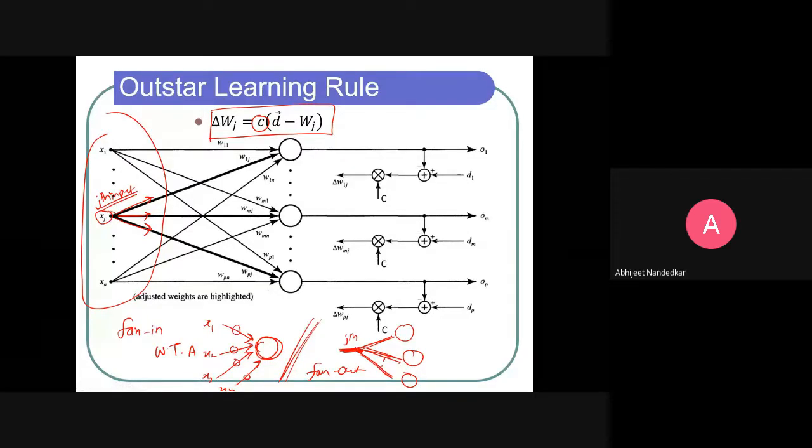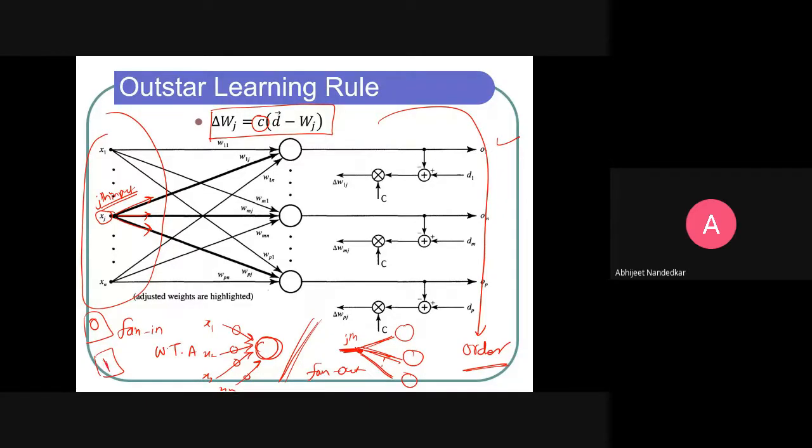Now if you use this Outstar learning rule, then you can have proper ordering of your output. This is the input, say digit 0, then this will be the winner. If I apply the feature of digit 1, then this will be the winner, and so on.